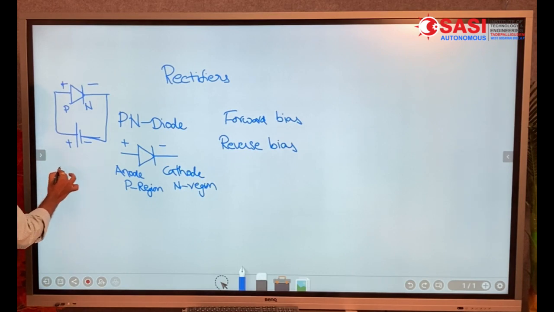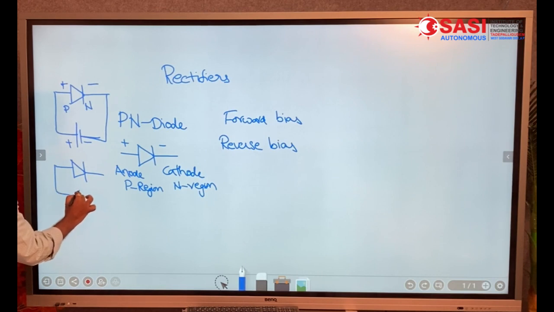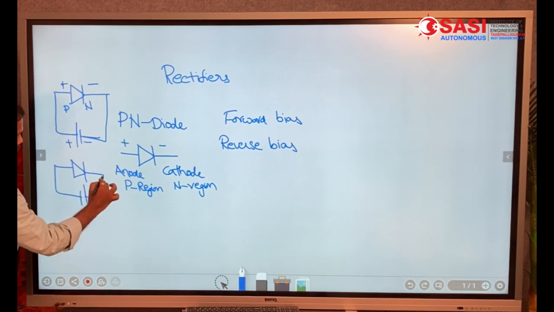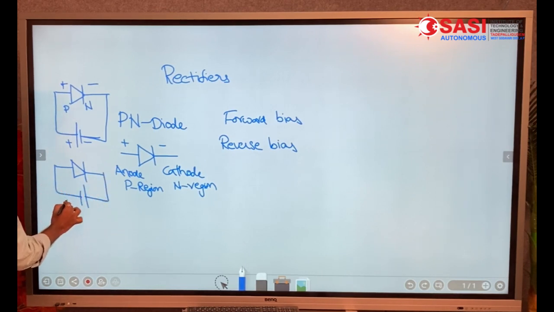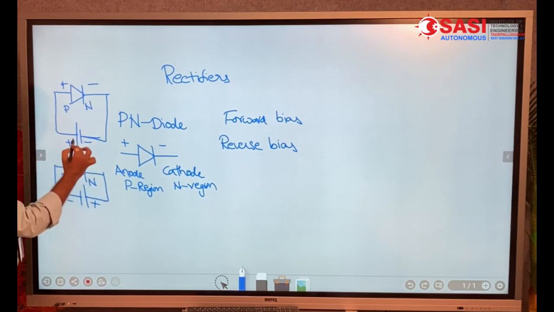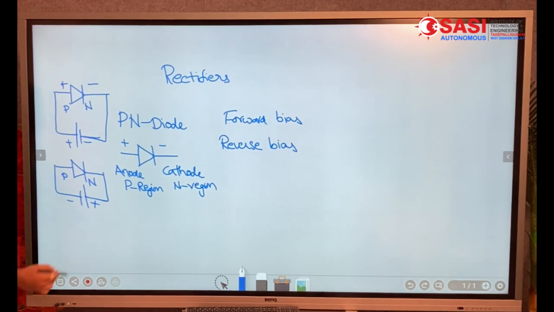Whereas in the reverse bias, the negative terminal of the battery is connected to the P region and the positive terminal is connected to the N region of the PN diode. Then we can say the diode is in the reverse bias condition.